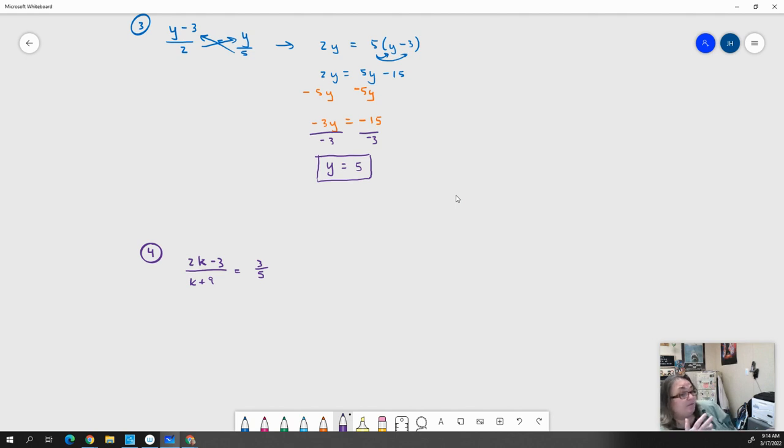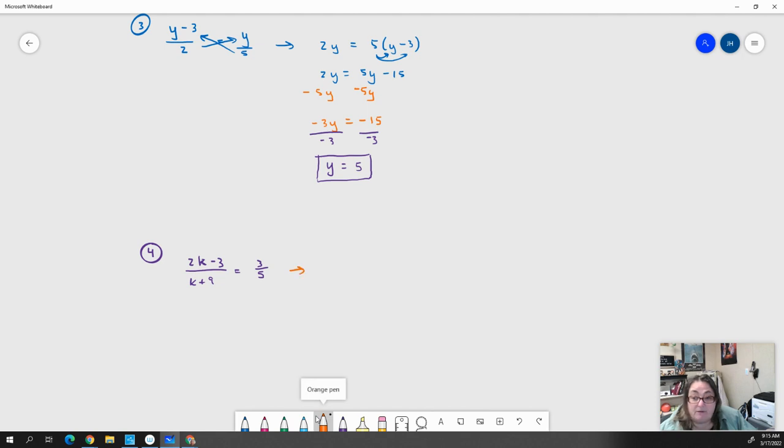Common mistake that people make: notice that there is an equal sign between these two fractions. This is one fraction equal to another fraction. You can solve when it's equal to. Some people will see a fraction added to a fraction or a fraction subtracted from a fraction, and they'll think they can still cross multiply to solve. There has to be an equal sign between them for it to work.